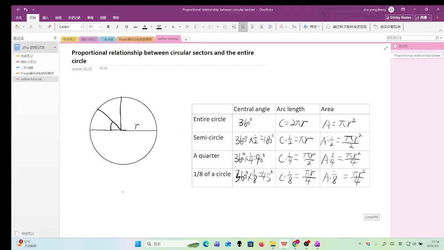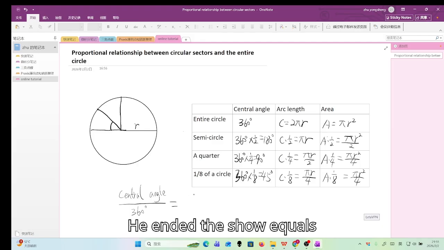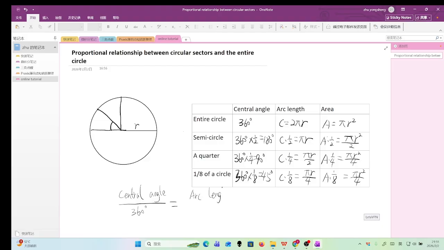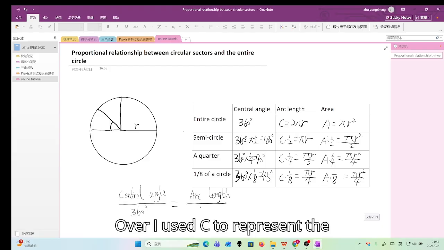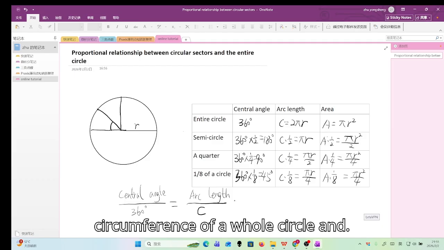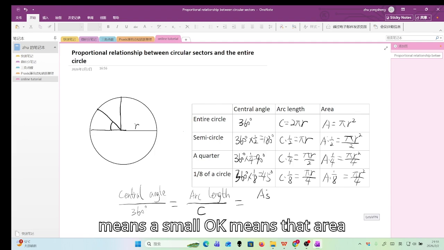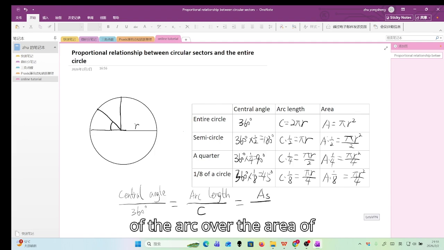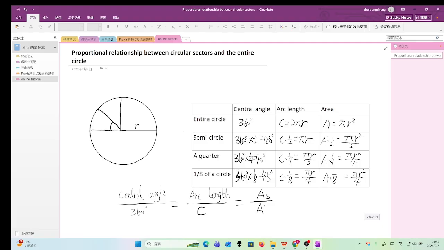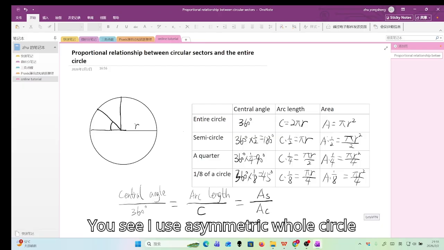Central angle over 360 degrees equals the arc length over C, where I use C to represent the circumference of the whole circle, and the area of the sector, I use small a s, over the area of the whole circle, I use A C to mean the whole circle.